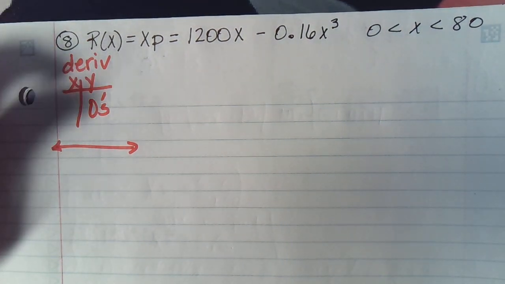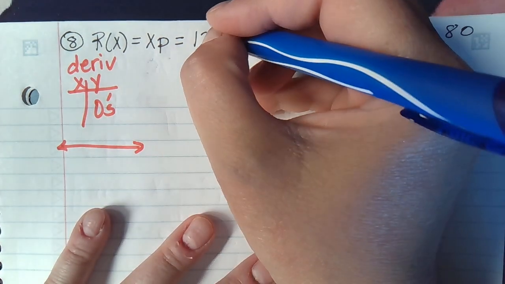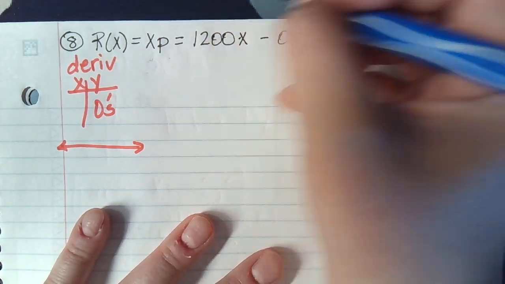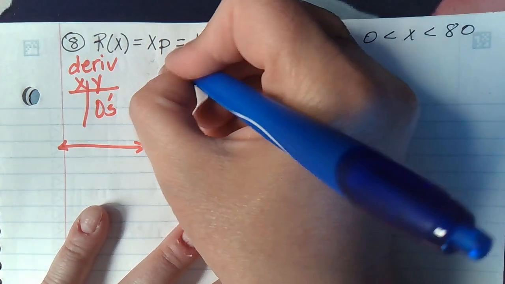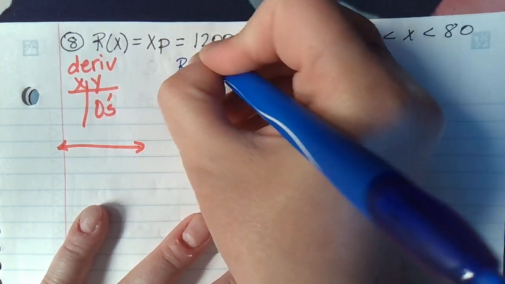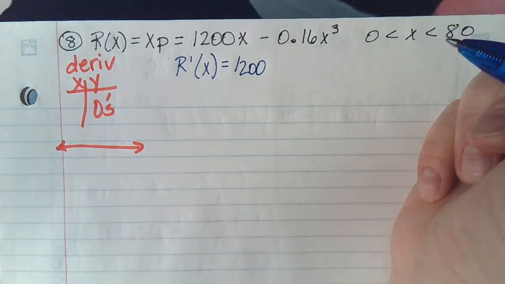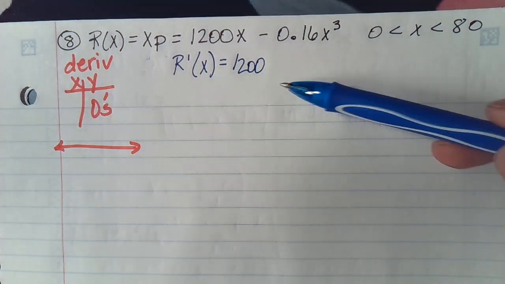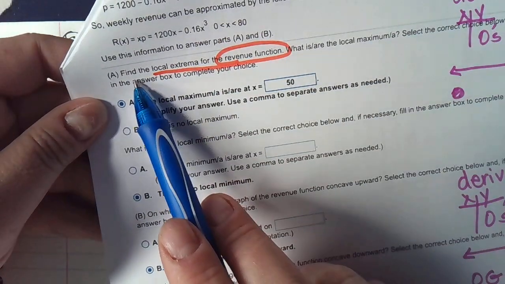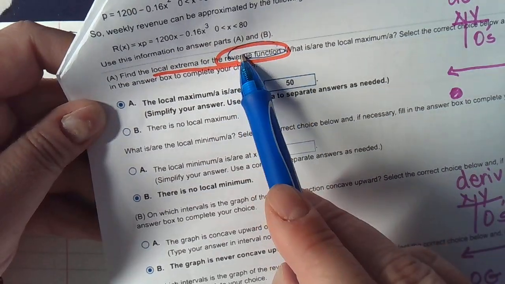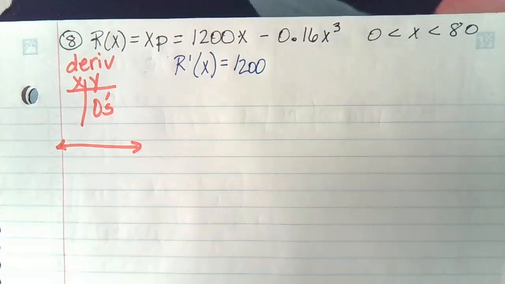All right. So derivative of this, a number times x, the derivative of that just goes to that number. So the derivative of our revenue is 1,200. And if you're asking, how do you know we're looking at the revenue? Part A says, find for the revenue. So we're looking at the R equation.